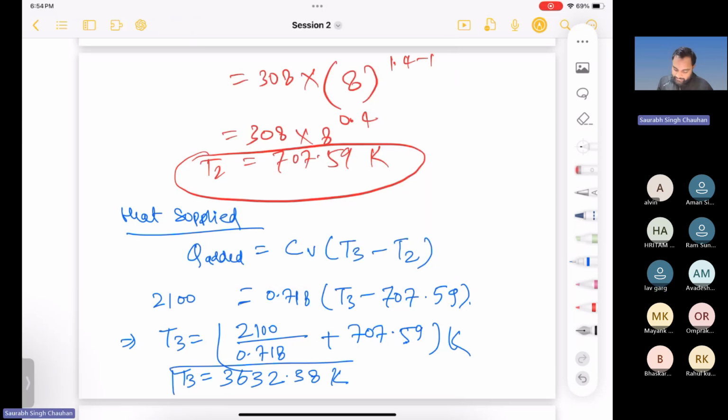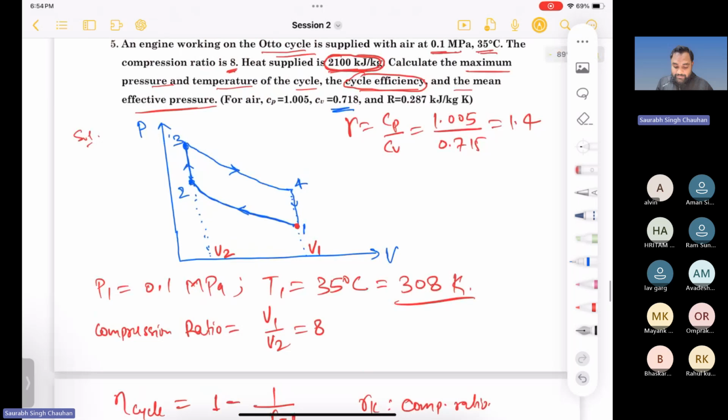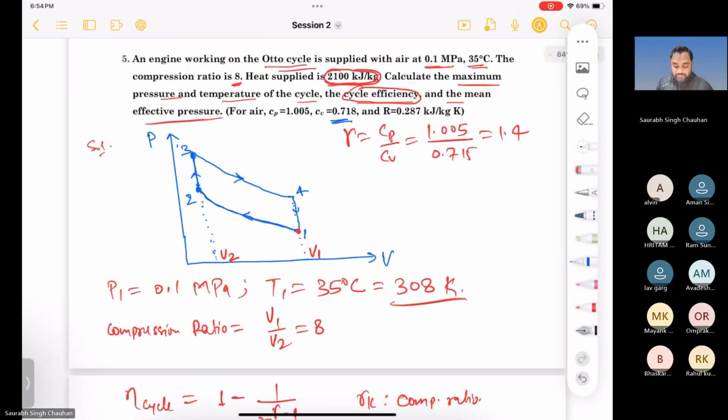So this is T3. Now if I ask you at which point the temperature will be highest? 1 to 2 is compression, so temperature will increase. And at point 3, yes, there will be the maximum temperature, because this is the end of the heat addition process.